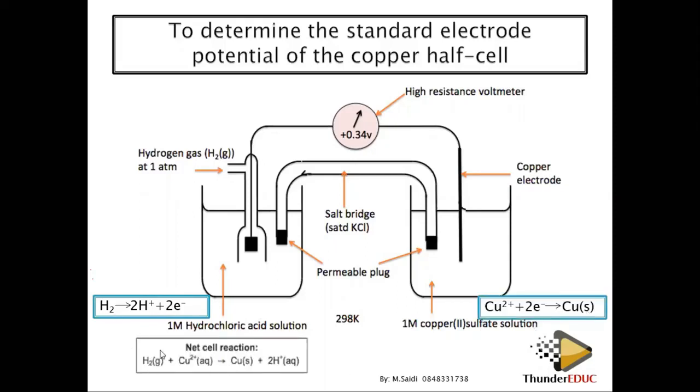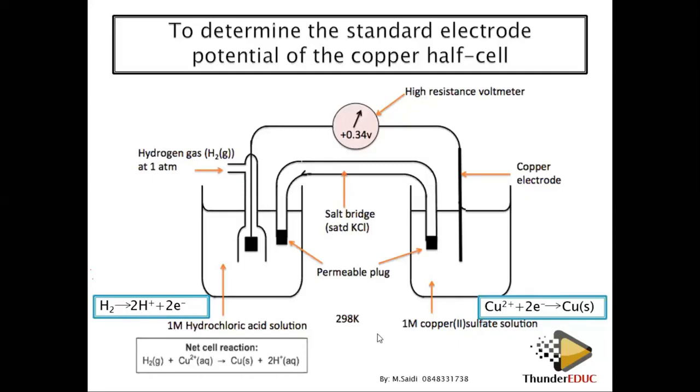Hydrogen gas plus copper 2 ions, giving me 2 hydrogen ions plus copper solid. That's it. So before the arrow and after the arrow. So it's supposed to be like that. And then you cancel out what is similar. I have electrons this side, I have electrons this side. So I cancel them out.